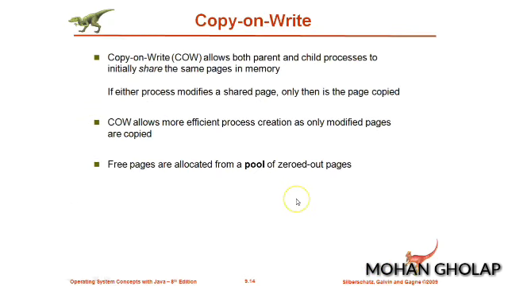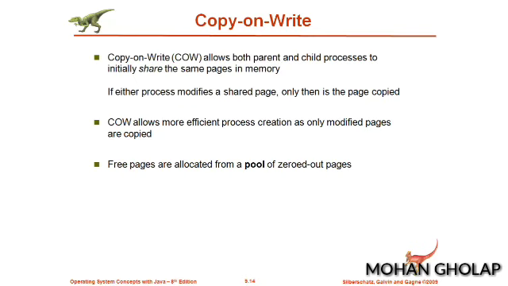Next we will see copy on write. We know that whenever a particular process calls the fork system call, a new process will be created. The process that calls fork is called the parent process, and the new process created is called the child process. When a child process is created, it will be a duplicate of its parent process.